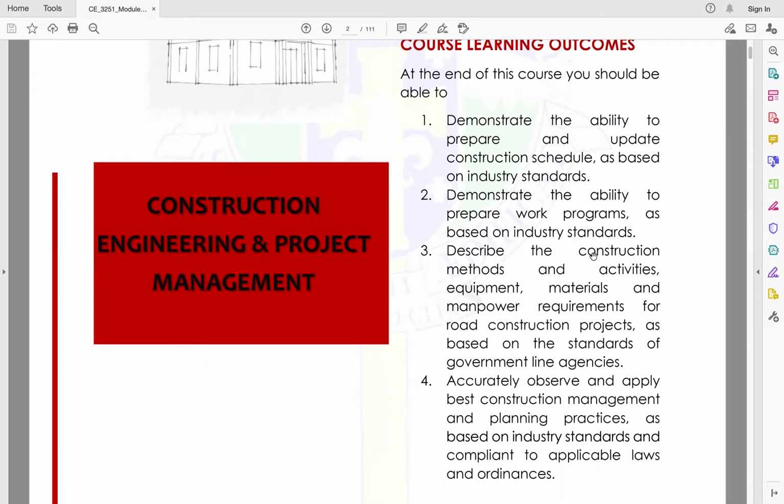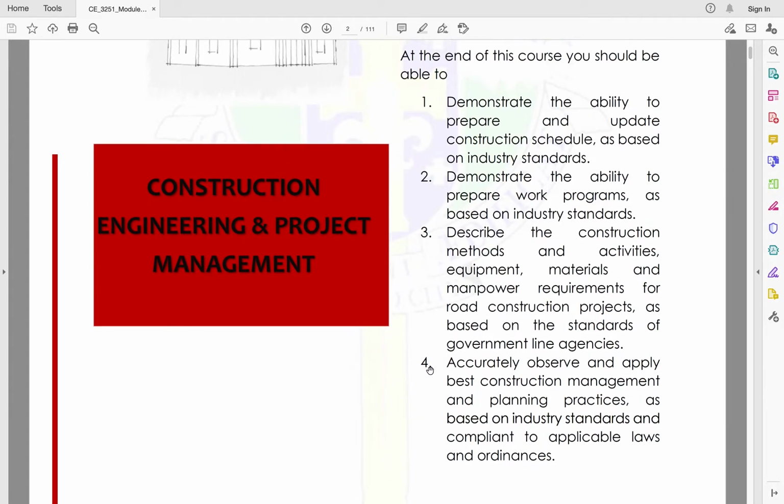Number three, describe the construction methods and activities, equipment, materials, and manpower requirements for road construction projects based on standards of government line agencies. And number four, accurately observe and apply best construction management and planning practices based on industry standards and compliant to applicable laws and ordinances.